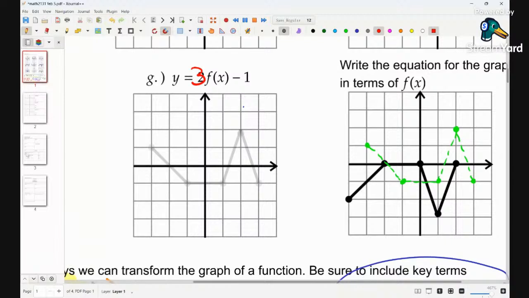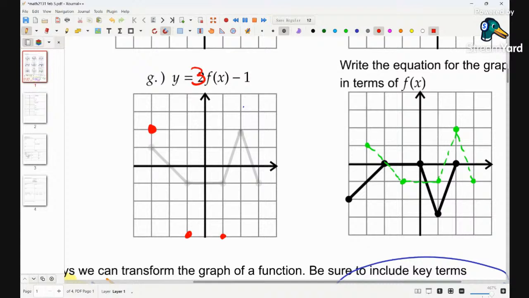Now shift down 1. If that original point was a 2, this is a depth of 1, triple, shift down 1. This mountain peak is a height of 2.